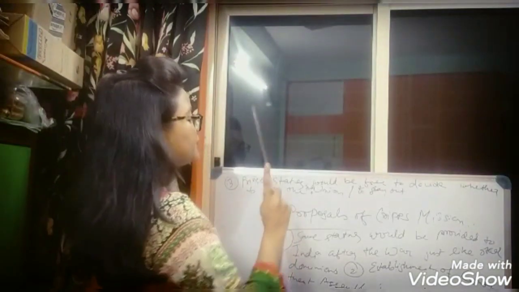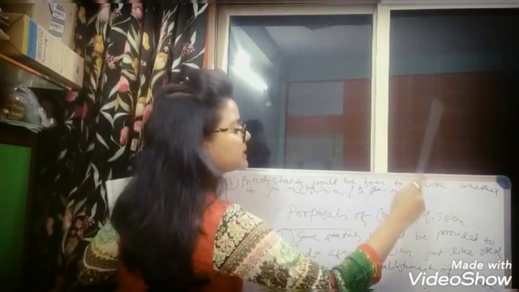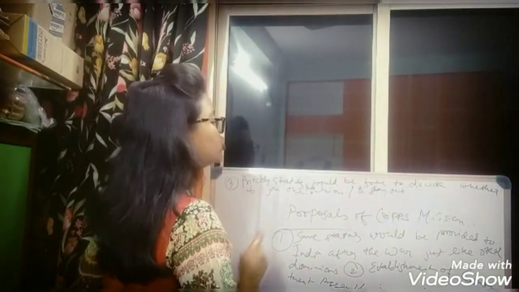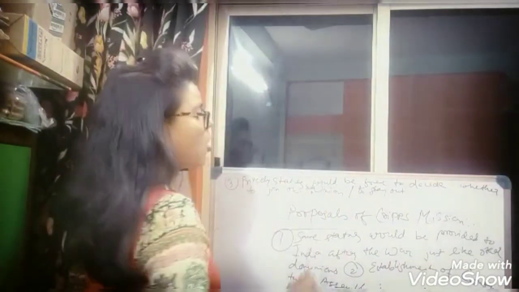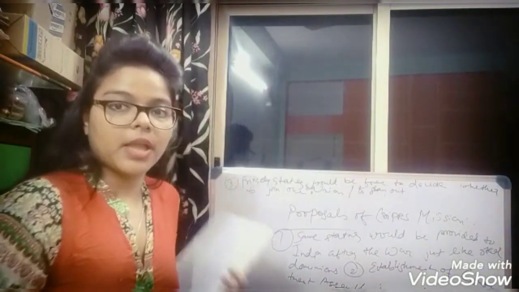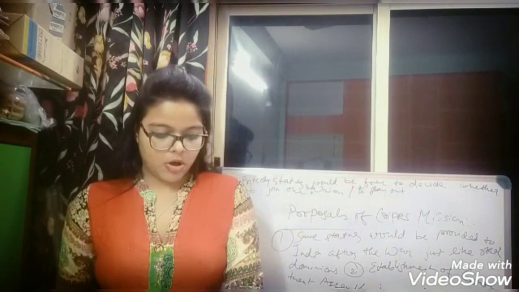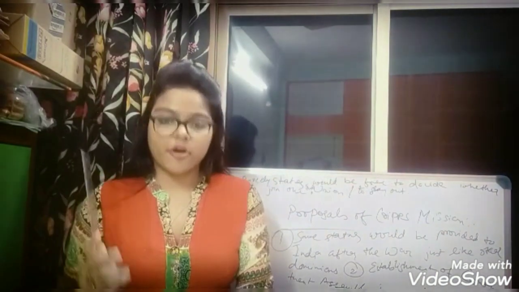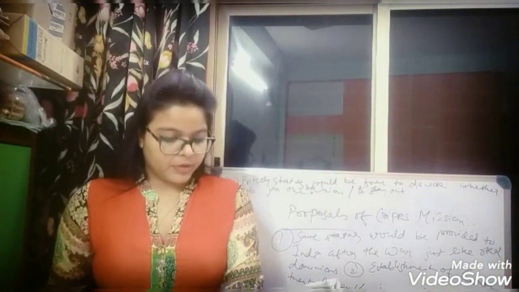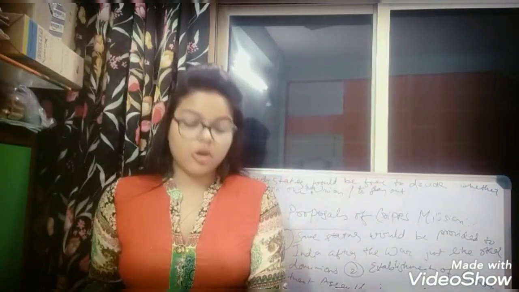Third, the princely states would be free to decide whether they want to join the Indian Union or stay out. And the fourth one was the British government would accept the constitution so framed on the condition that any province or provinces which didn't accept the new constitution could frame a constitution of their own.